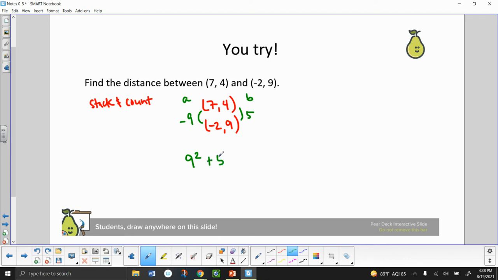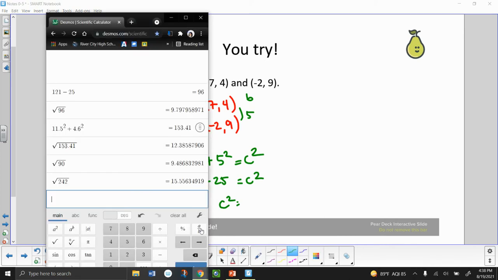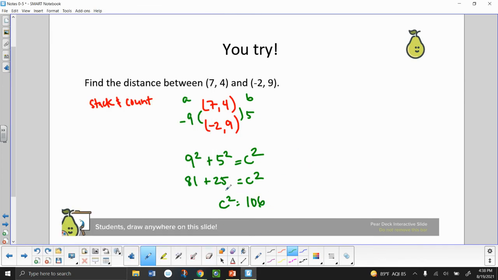9 squared plus 5 squared is equal to c squared. So 81 plus 25 is equal to c squared. So c squared, 81 plus 25 is 106. And then we're going to take the square root of both sides.